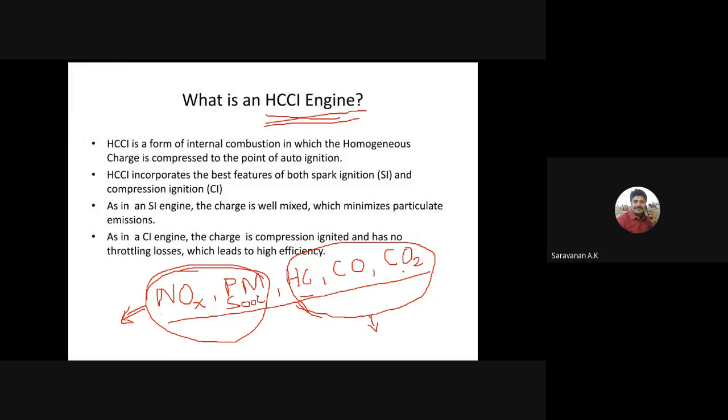We know these hydrocarbon and carbon monoxide are easily controllable; we can reduce them easily by using the catalytic converter. So HCCI engine is one type of modern technology which is used for low emission.